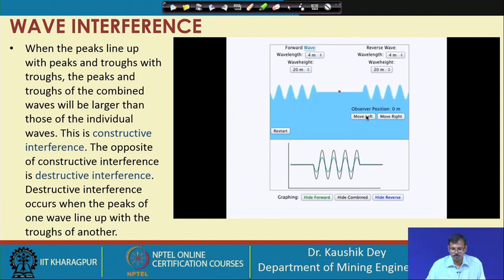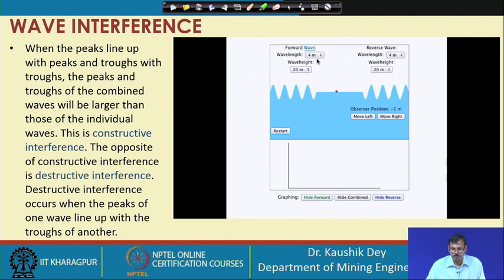By moving the observer 1 meter, which in this case is 1/4 of the wavelength, and not changing anything else, we can demonstrate destructive interference.